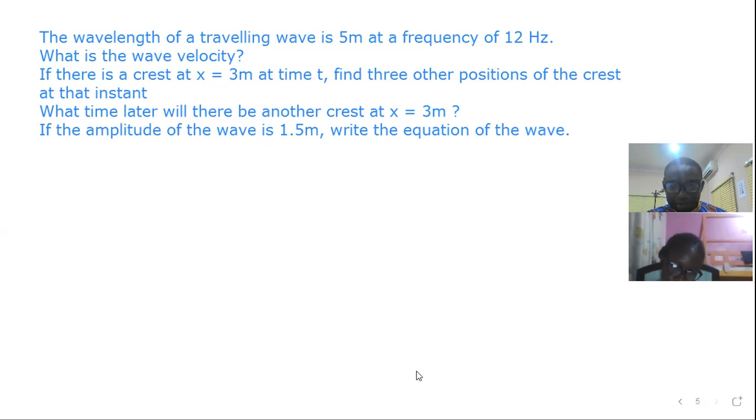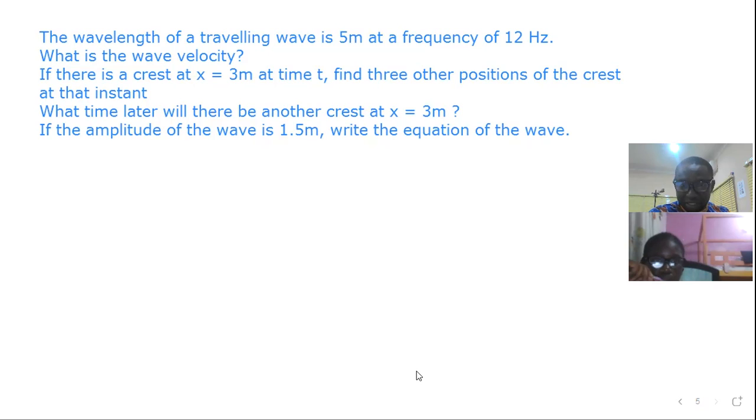That would be after one period. Remember we have a frequency, so they're just asking us to find the time. What time will a crest arrive again at x equals 3 meters? After one period, T. So that means T will be 1 over f, which is 1 over 12, since the frequency is 12.